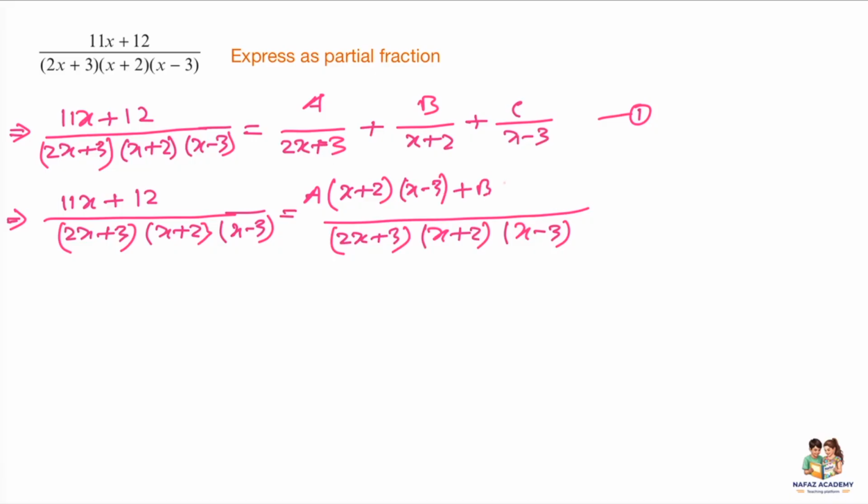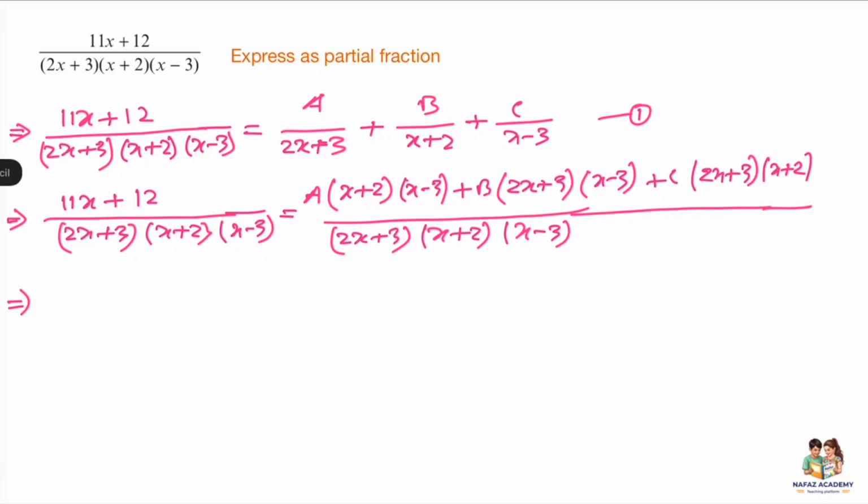For the B part, x plus 2 is eliminated, so the rest is 2x plus 3 and x minus 3, right? Can you guess the C part? Which one is eliminated? Yes, x minus 3 is eliminated, so the rest is 2x plus 3 and x plus 2.